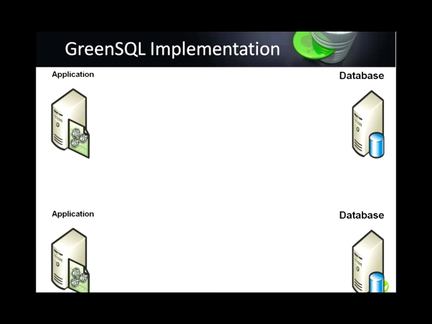Just before we start talking about how exactly the masking works, a few words about how to use GreenSQL as a solution. GreenSQL is what's called a reverse proxy-based solution.